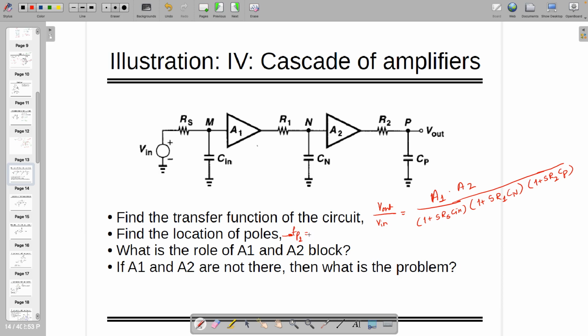FP1 minus 1 by 2 pi RS CD. In the same way you can write down others, right? Okay, now the question is what is the role of the A1 and A2 blocks? What are the roles? What do you think? A1 and A2, if we do not keep or if we keep, what is the difference?